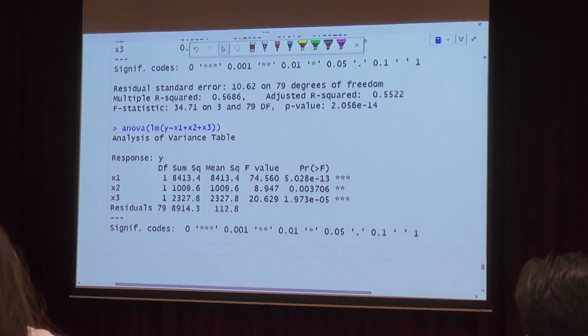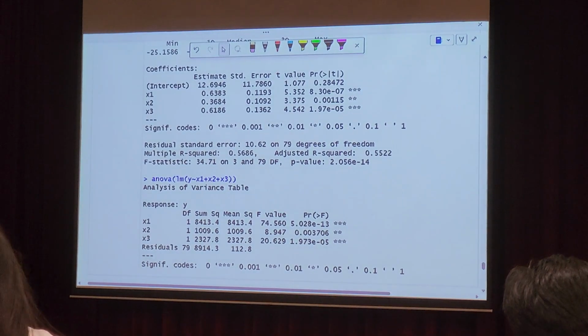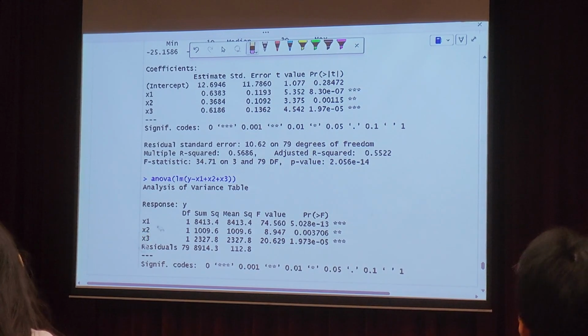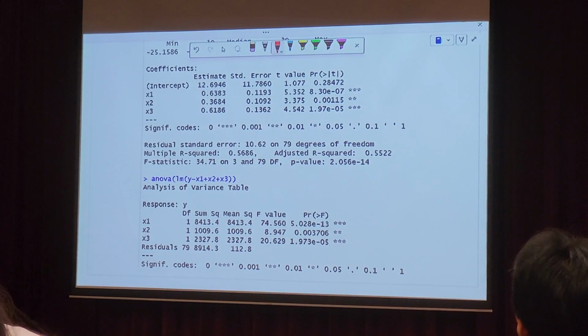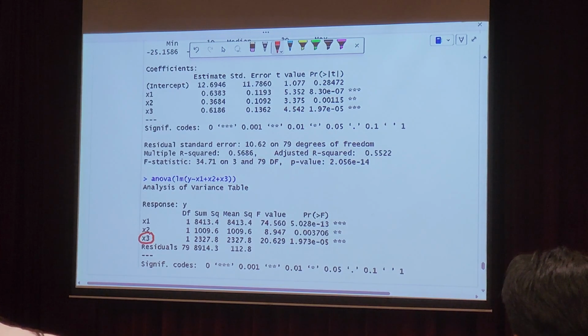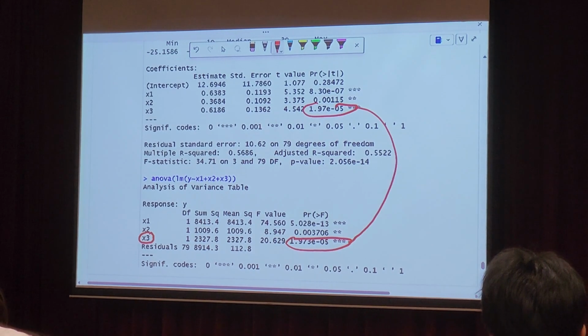And if you look at the analysis of variance table, to test the contribution of x3 after you've accounted for the other two, the p-value will be this, and it will be exactly the same as this.